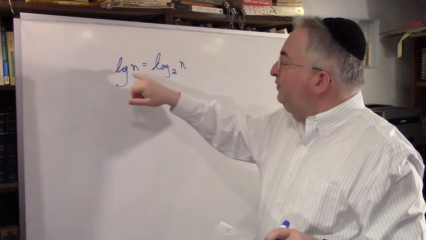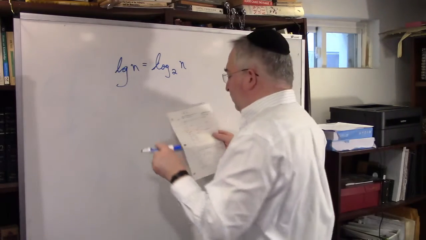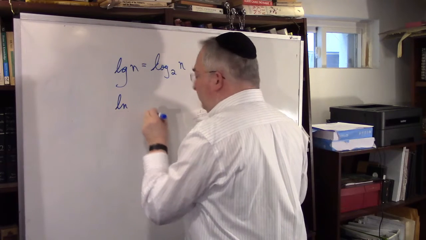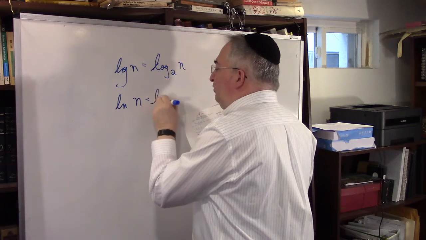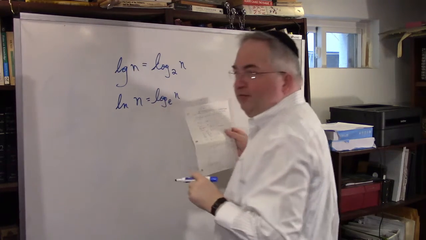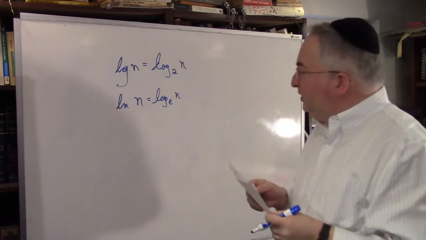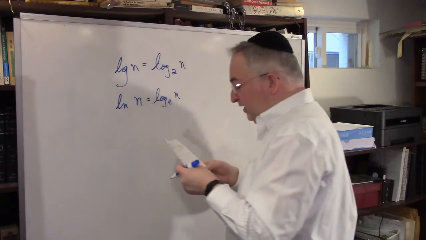This shows up so often that we shorten it from log to lg. There's also ln of n, which is logarithm base e of n. We're barely ever going to use this. This is something for calculus, for engineering and stuff like that. We don't use it.